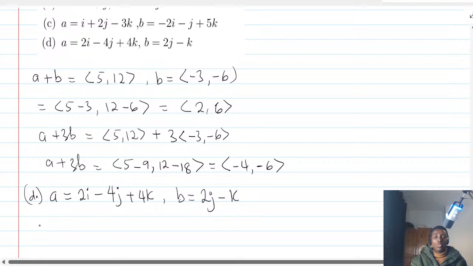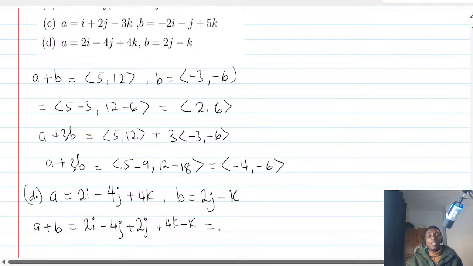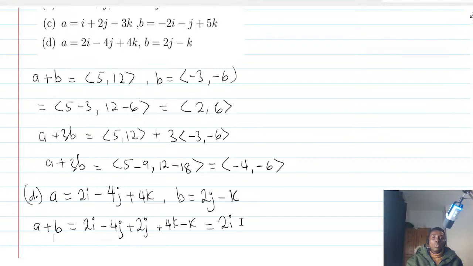Let's add the two. So a plus b is going to be 2i, because there's no i here. The j component is going to be minus 4j plus 2j, then plus 4k minus k. So then you are going to get 2i, minus 4 plus 2 is minus 2, so 2i minus 2j plus 3k. That's all.